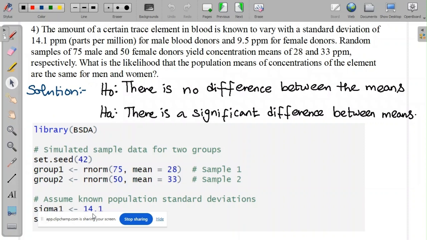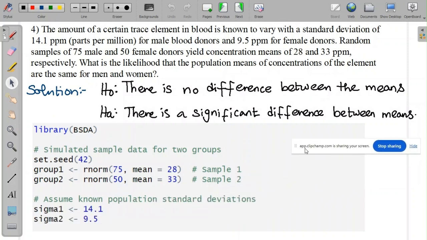So we'll define the null hypothesis. There is no difference between the means. There is an alternate hypothesis which says that we have a significant difference between the means. Now, having defined the null and alternate hypothesis, we have called the package using the library of BSDA function. We've defined the data for the two samples, 75 and 50 being the sizes, averages being 28 and 33.